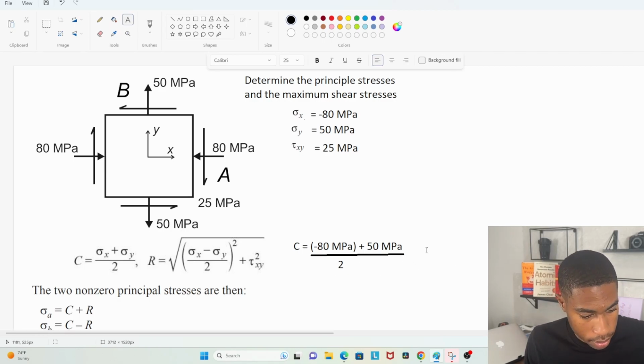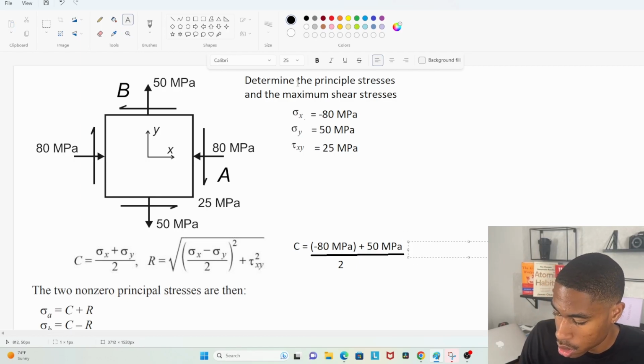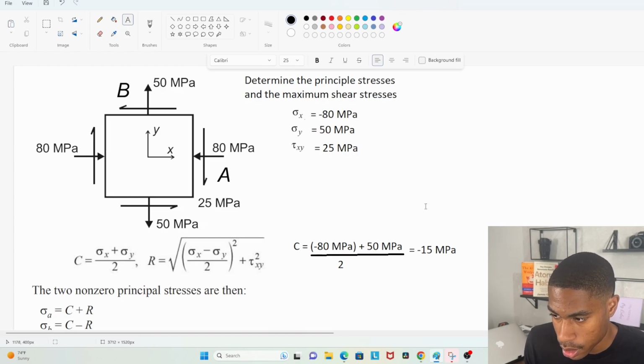All right, what do you all get for that? Should be negative 15 megapascals, right? So we got our C.